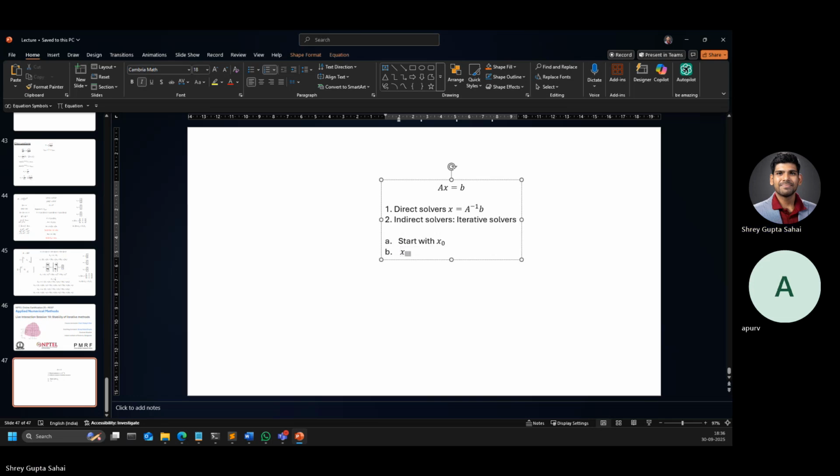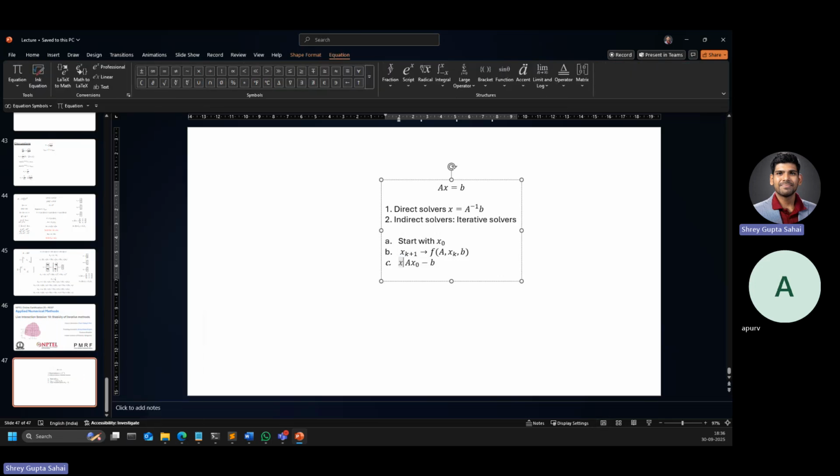You try to find x k plus 1 as a function of A, x k, and b. So essentially, what you're doing is substituting A x naught minus b kind of thing to get x k. There are actually different ways to do this.